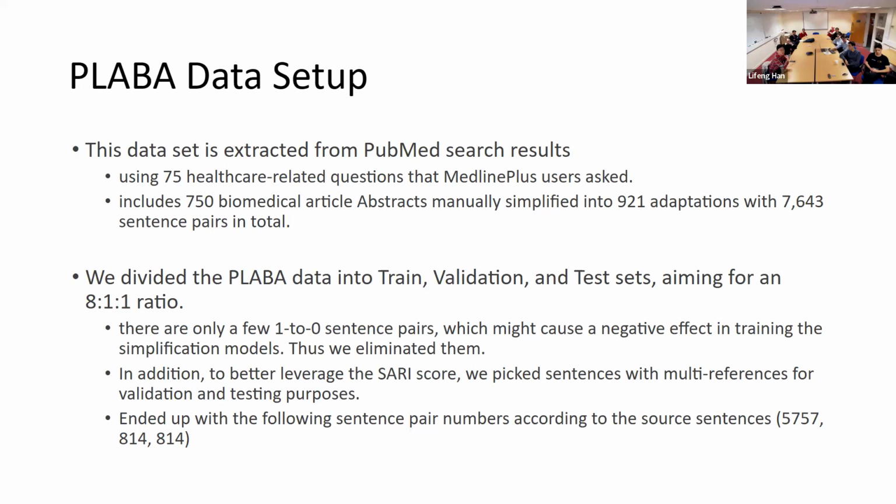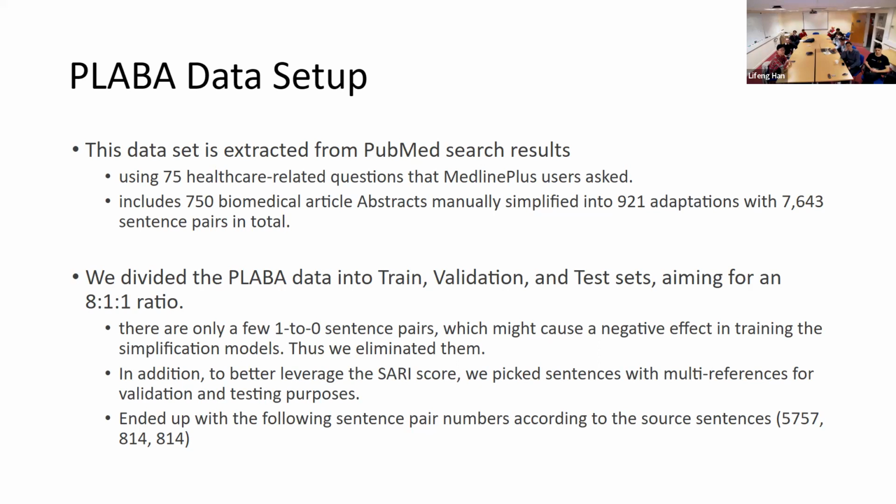Okay, cool. So after deletion, we try to aim for a 1-to-1 ratio, but as there are some sentences that have two adaptations, we try to keep these sentences, because for our metric, it's better to have multiple references to evaluate.